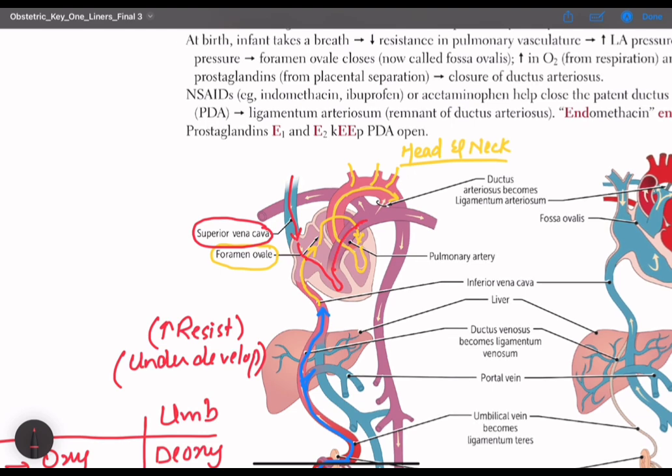From pulmonary artery, it again has two passages. One is connected into aortic system via ductus arteriosus and other is connected to lungs. Now again, the pressure within lungs is very high due to increased resistance. Thus, blood bypasses lungs and mixes with aortic blood.